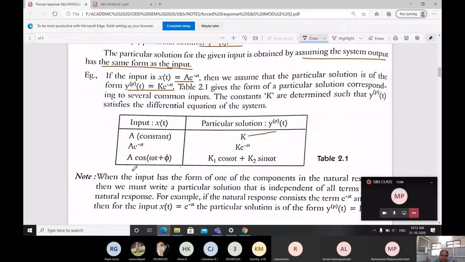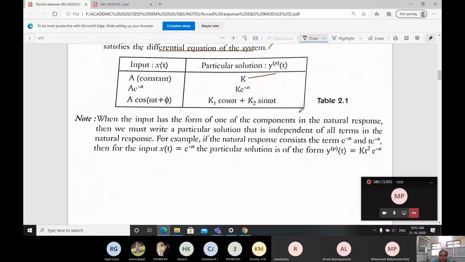If the input is a cos omega t plus pi, then the particular solution is k1 cos omega t plus k2 sin omega t. The constant k values are determined such that the particular solution satisfies the differential equation of the system. We have to find the k value.